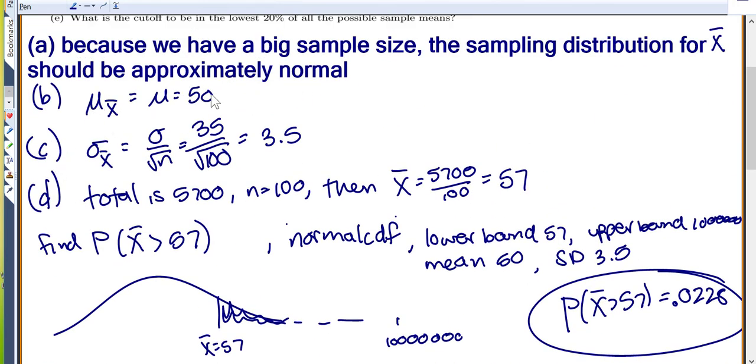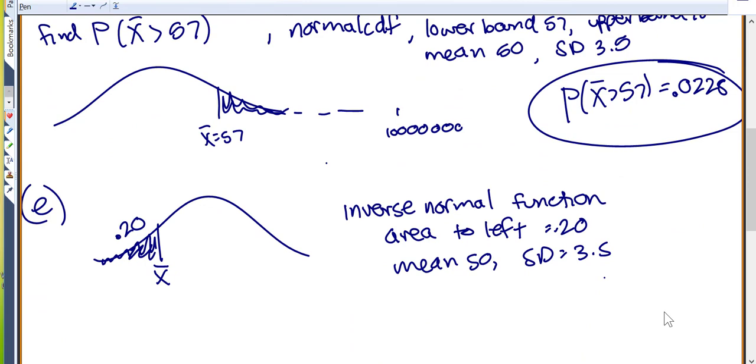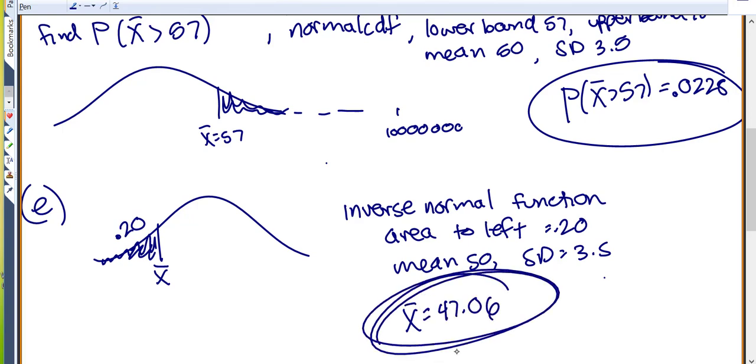Because we're talking about sample means, our mean is 50, but you have to use that new standard deviation of 3.5. Put this straight into your calculator and you'll get that x bar has to be 47.06. So to be in the lowest 20%, that means 20% of all of our possible sample means will be less than 47.06.